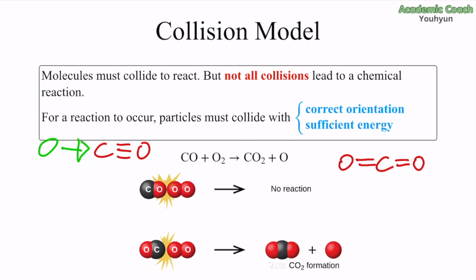This means that when there is a collision between carbon monoxide and an oxygen molecule, you need to make sure it's the carbon side of the carbon monoxide that collides with the oxygen molecule. If it's the oxygen side that collides with the oxygen molecule, there wouldn't be any new bonds forming between these two, because we do not need to create, let's say, ozone, O3. We want a bond between carbon and oxygen, not between oxygen and oxygen.